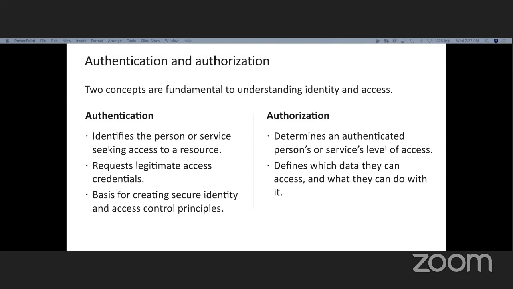And not necessarily in order to be authenticated, you have to be authorized. So I think that authentication is the very first step. You have to authenticate yourself. You have to be able to access the system with the correct credentials, and then you can do whatever you're authorized to do.